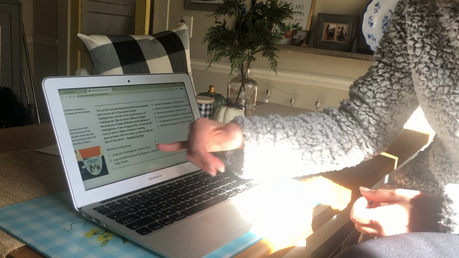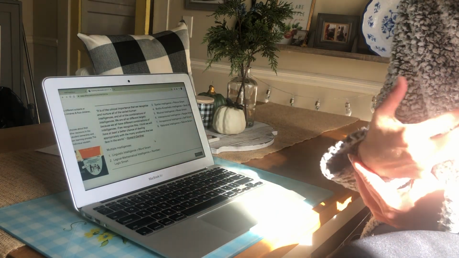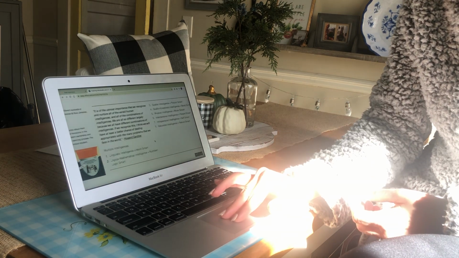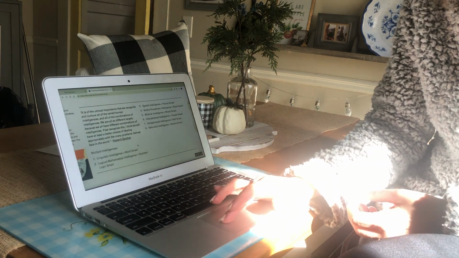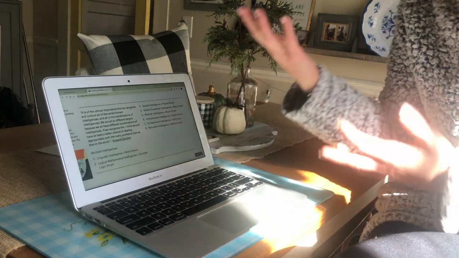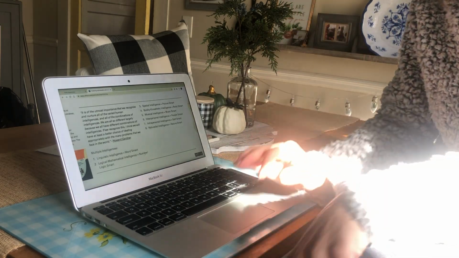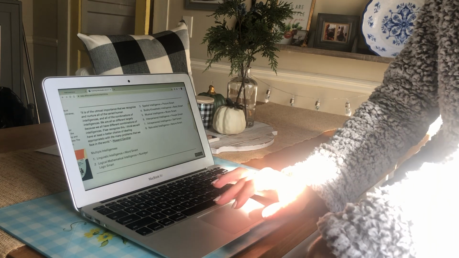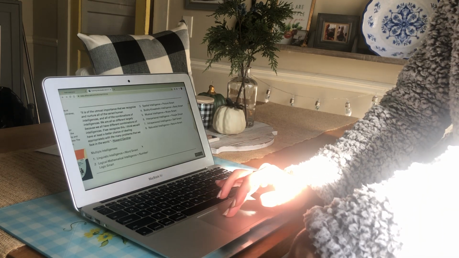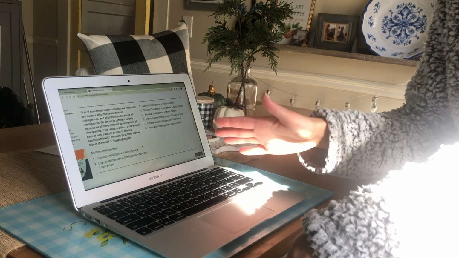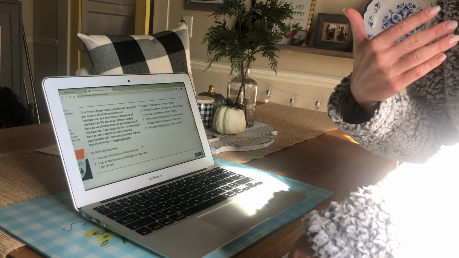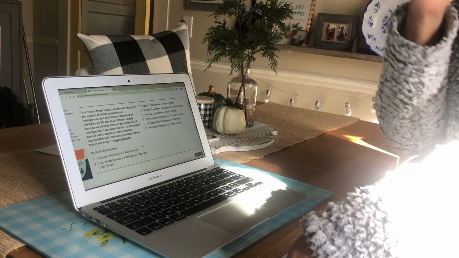So Howard Gardner is talking about how he believes that students have 8 intelligences. Stand by, there might be a 9th that they've been thinking about adding. And I love it because it's true. I feel like I don't just learn best one way.